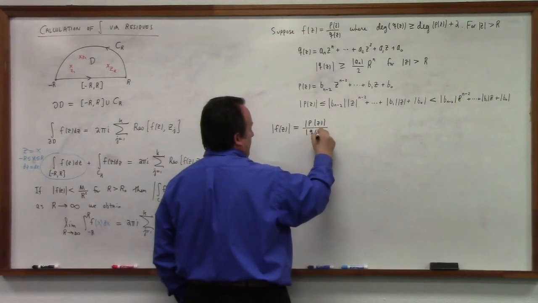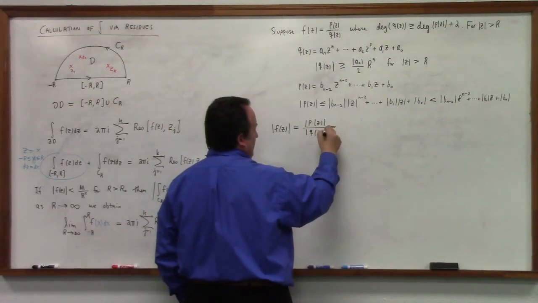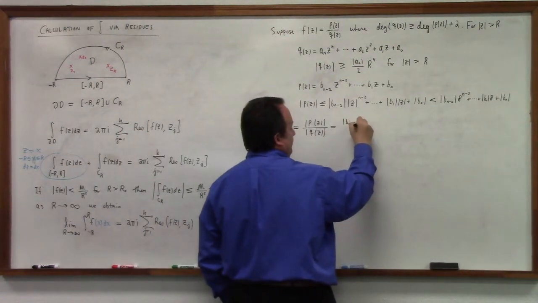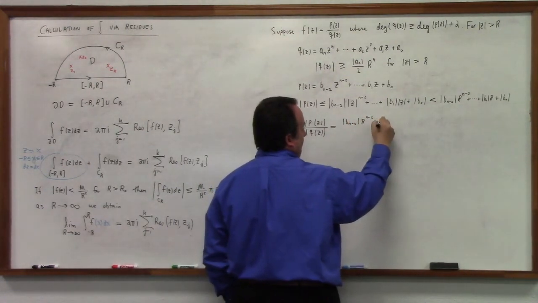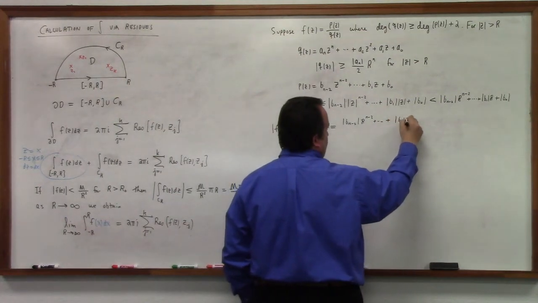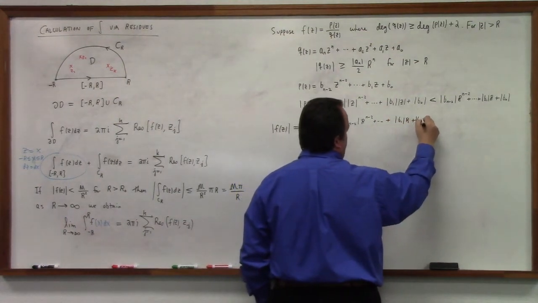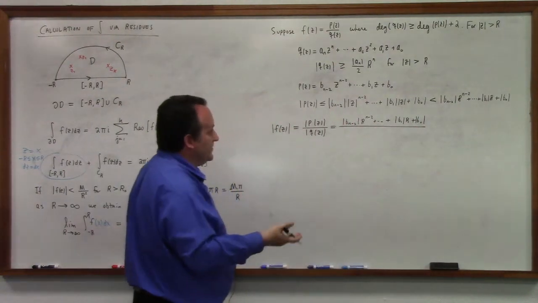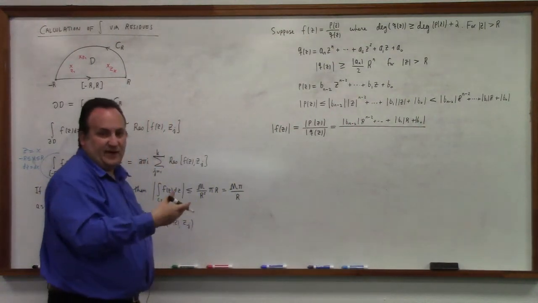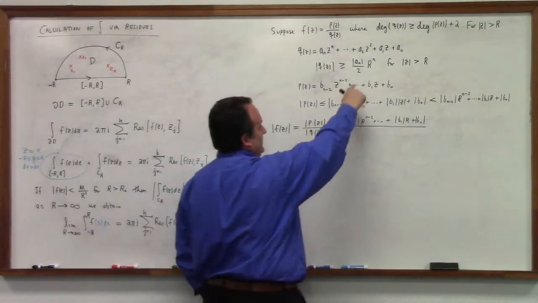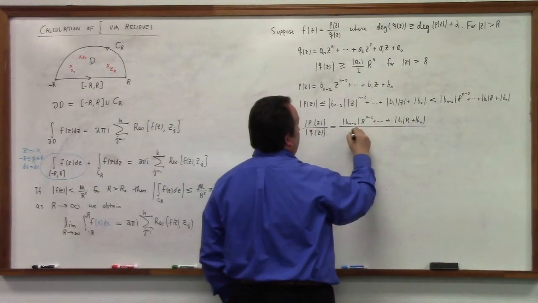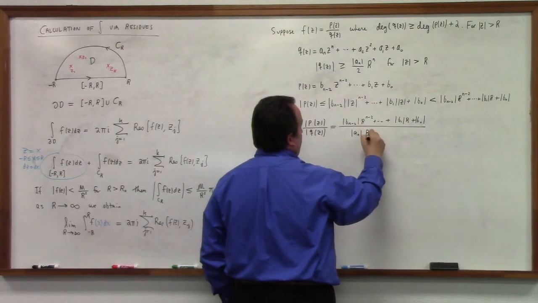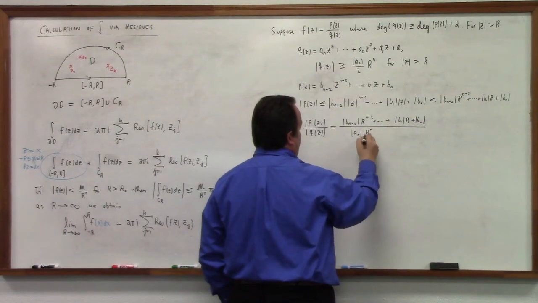But we can make the numerator larger by replacing it with all this, and we can make the denominator smaller, which makes the fraction larger, by replacing it with just the modulus of a_n r to the n over 2.